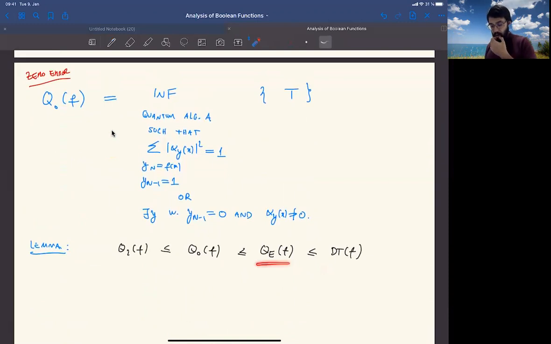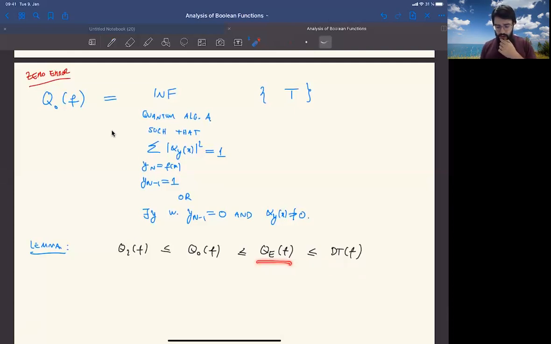And so there is no probability of being right or wrong. So this is sort of trivial.